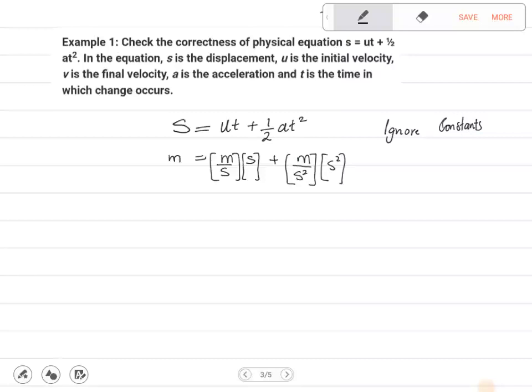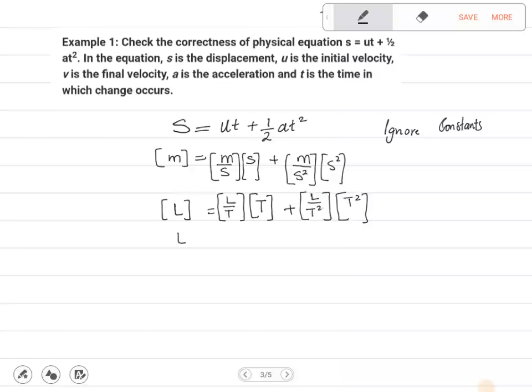Now we replace those meters in terms of dimension. It's just length, which is L. So we put that is equal to meter, which is L, over T, times T, plus L over T squared, times T squared.